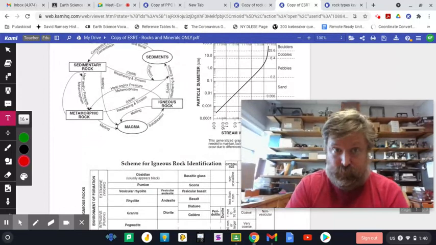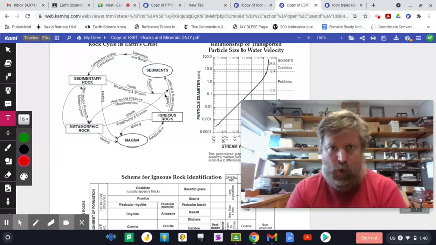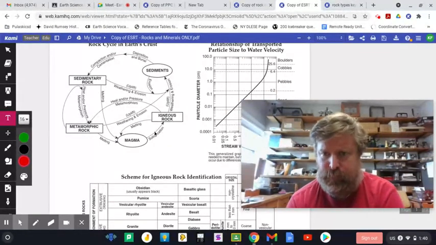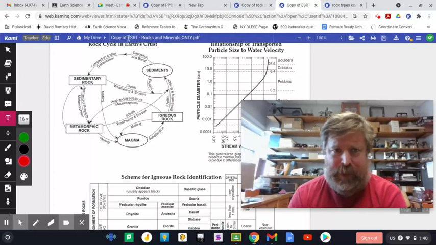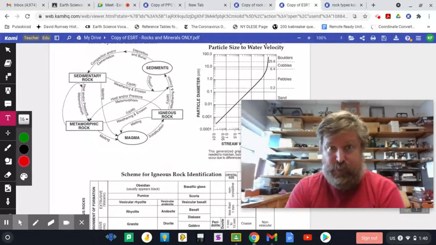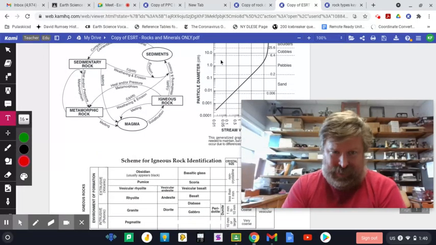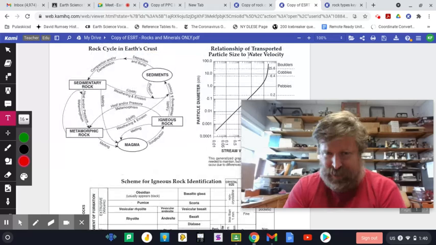All right, so as you may have heard before, you've got three basic rock types: igneous, metamorphic, and sedimentary. What I did, and I attached this in the Google Classroom, is I made an ESRT where I deleted all of the other pages except for the three that you need for rocks and minerals. So this page has the rock cycle, and this is what we used last unit, the water speed for particle size.